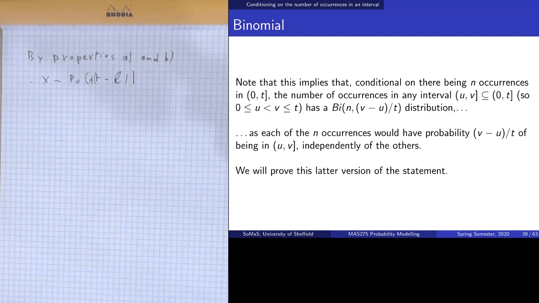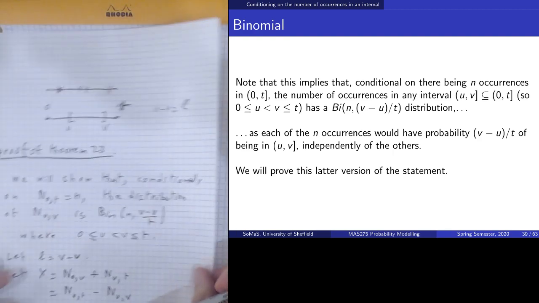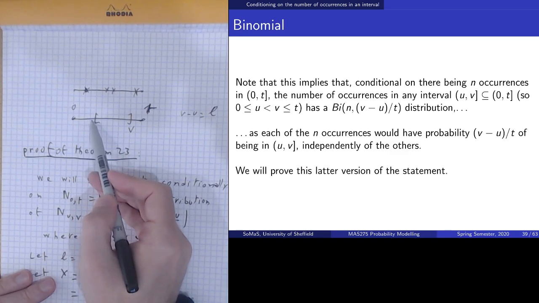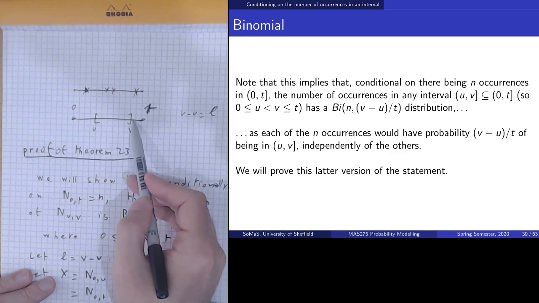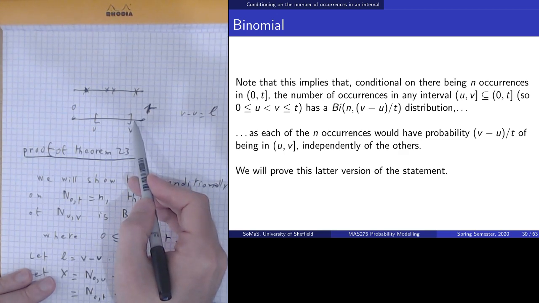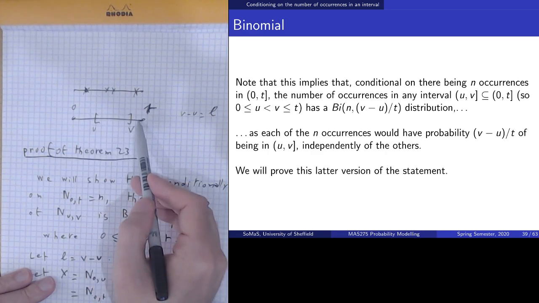Okay, why is it t minus L? Because here we have a Poisson with parameter lambda u, here we have a Poisson with parameter lambda (t minus v). So when we add both of those, we get a Poisson with parameter the length of that plus the length of that.